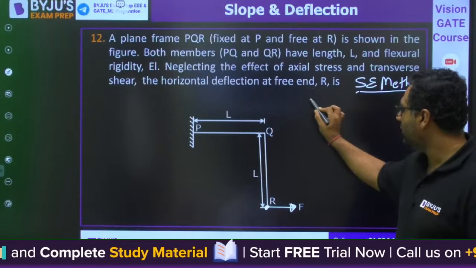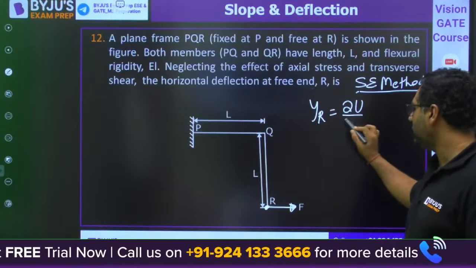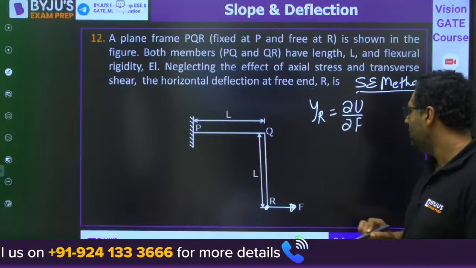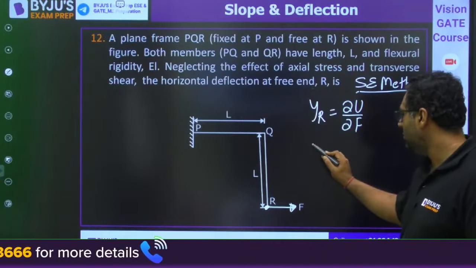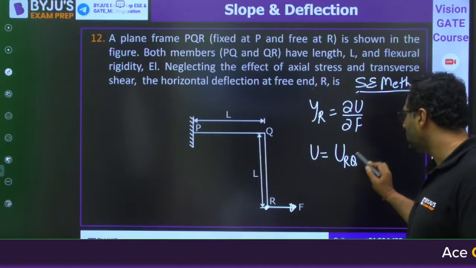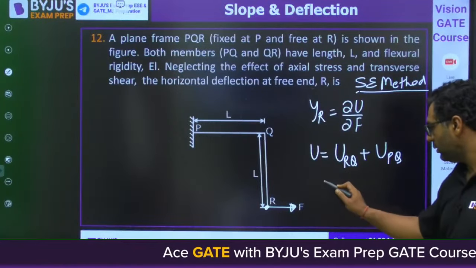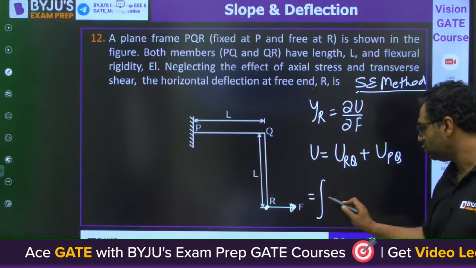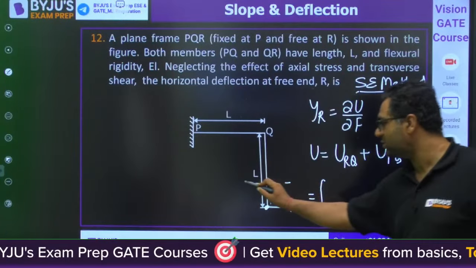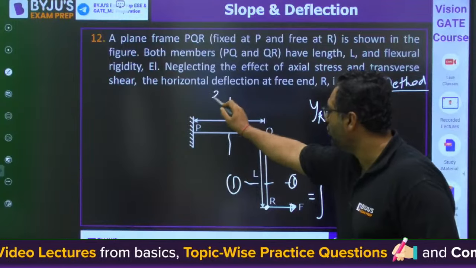You know, deflection at R is del U by del F, and U is U of RQ plus U of PQ, which equals, here will be section 1-1, here will be section 2-2.